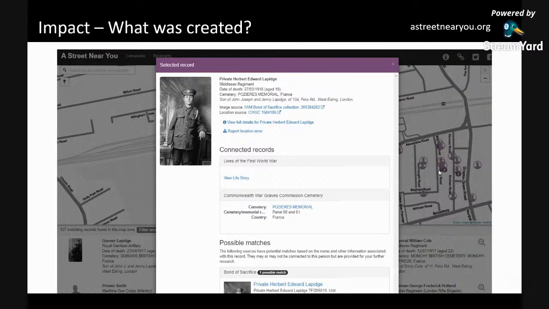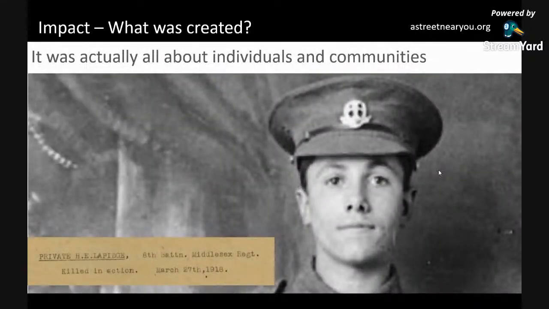So at its crudest level, that was what it was for: to drill down to individuals. But in reality, what I very quickly saw with the way people were using the site was the connections they were making. It really was about discovering individuals and discovering more about their immediate communities.